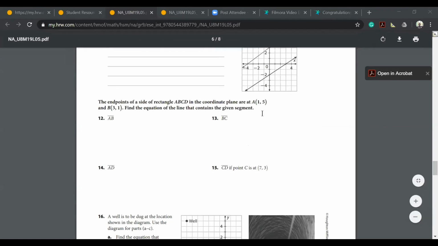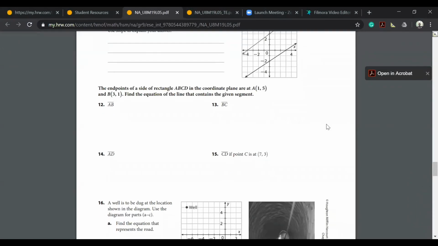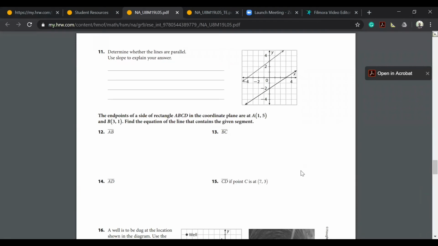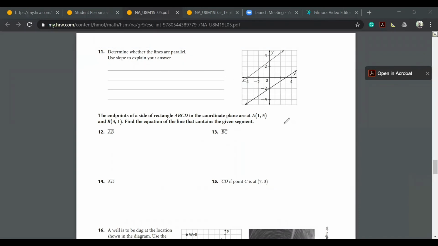Okay, let's go to our next question. Okay, girls, we still have number 15 and number 17. So let's do number 15. For number 15, if you remember, we have drawn our triangle in here. We said that, for example, it's better to do it like this.